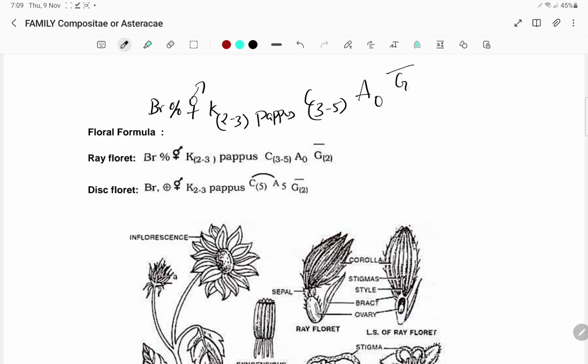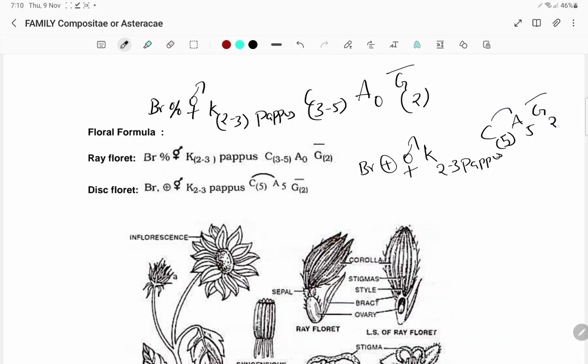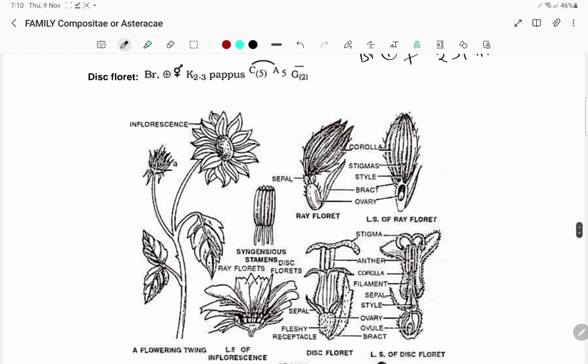Gynoecium: you will have the inferior ovary and 2. And here also it is bractate, actinomorphic, bisexual. Calyx is 2 to 3 pappus. Corolla is 5 and all are fused. Androecium is 5. Gynoecium is inferior and 2, bicarpellary and fused.